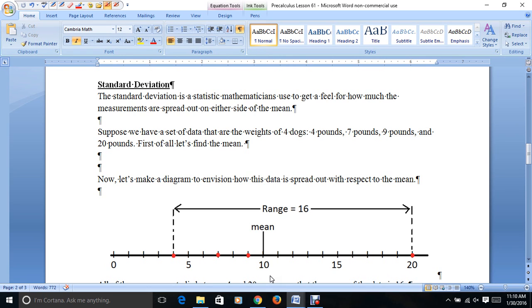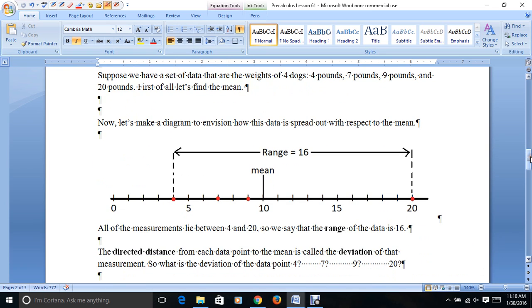So what you do when you're looking for the standard deviation is, first of all, you look at the deviations of each measurement.